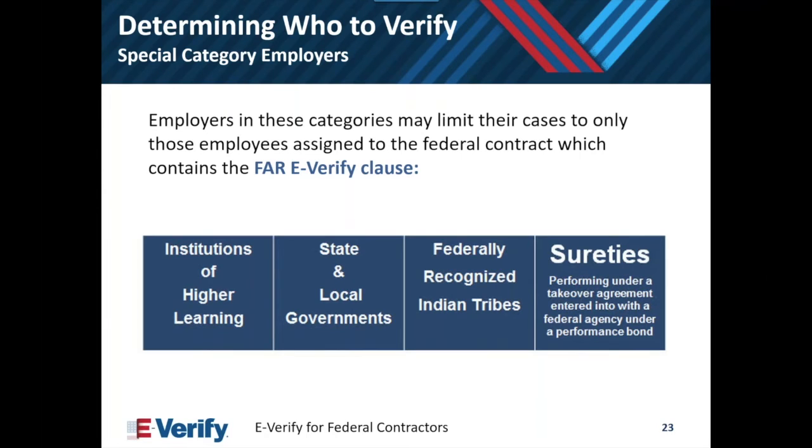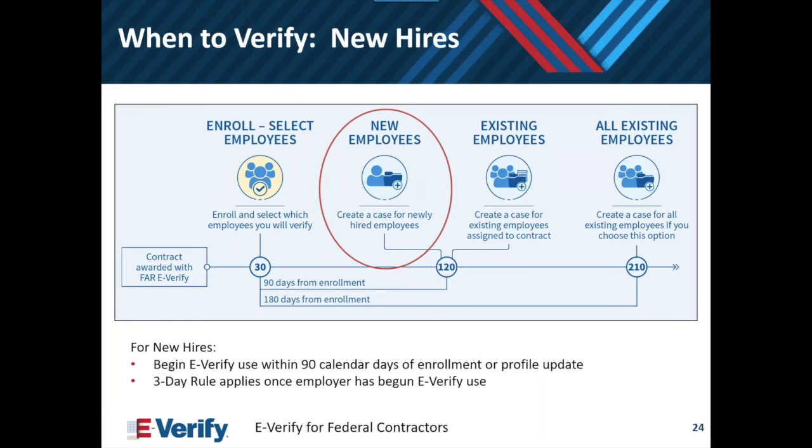These special category employers can limit the cases to new hires who are working on the federal contract. So it may allow you to create fewer cases than if you didn't fall within one of these special categories. But again, you do need to make that designation in your E-Verify profile.